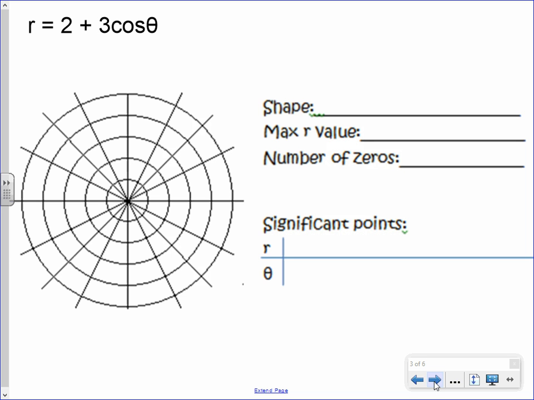Okay, turn to your neighbor and tell them which type of limacon it is and how you know.